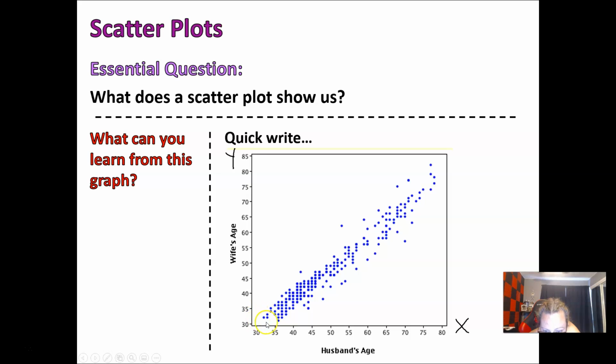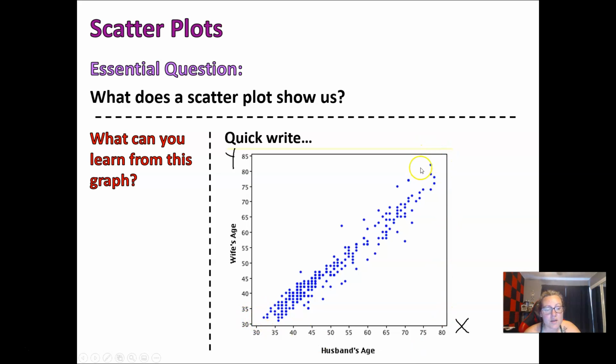Let's just go to this first one right here. This first dot represents a husband who is, we'll say, like 32, and a wife who is probably also 32. So husband is 32, wife is 32. That's what that point represents.